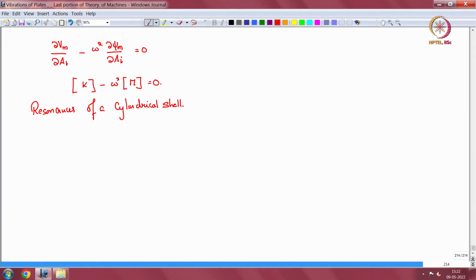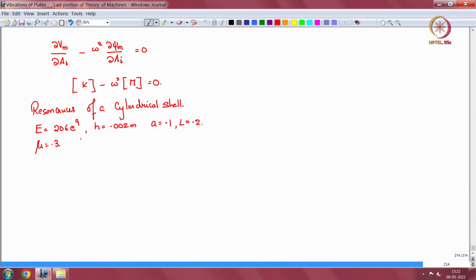Okay. For one particular shell, steel, 2 millimeter, radius equal to 0.1, length equal to 0.2, mu equal to 0.3.